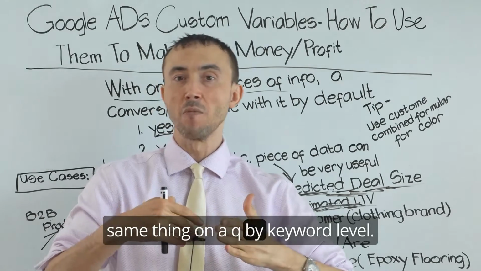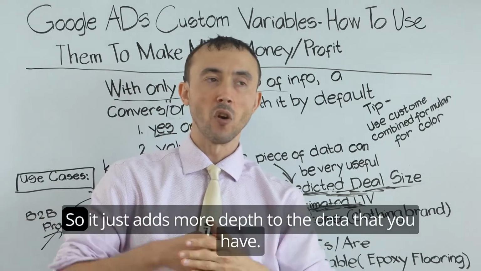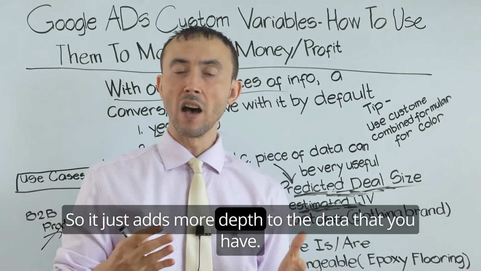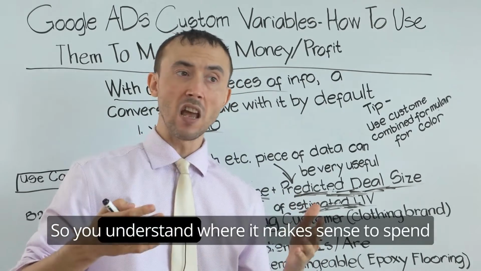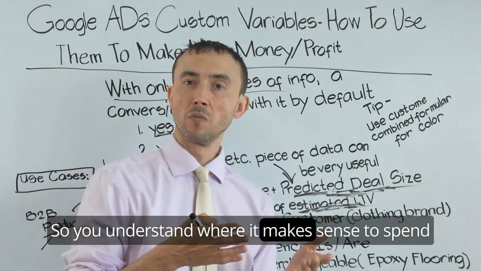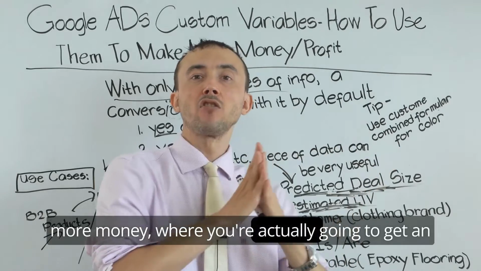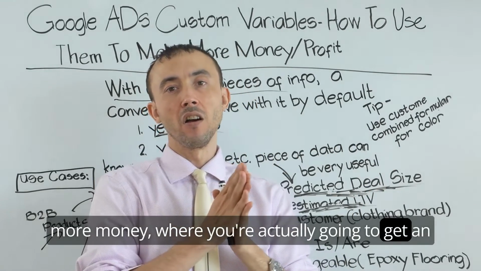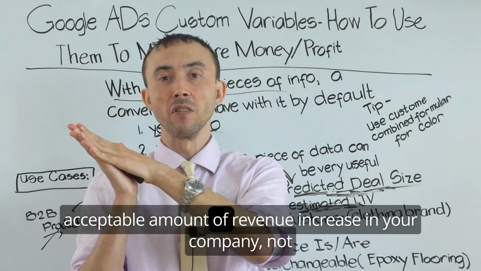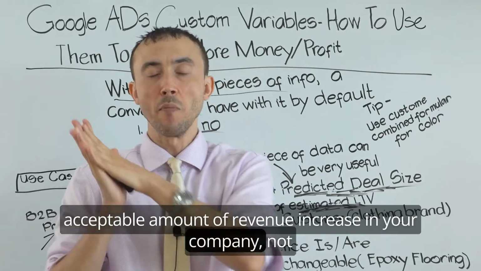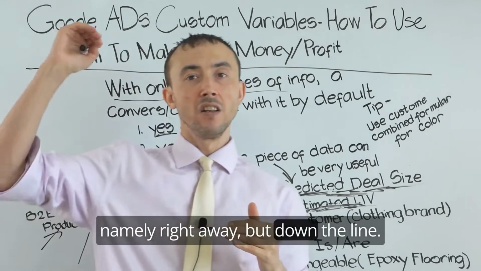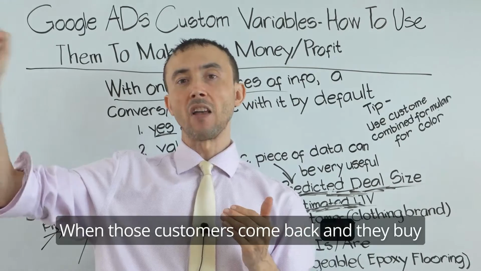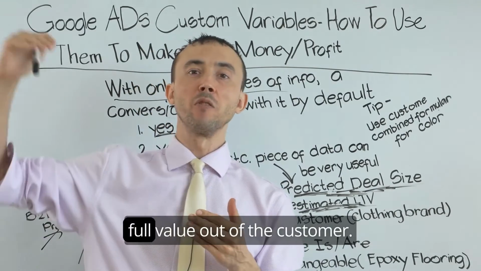Same thing on a keyword by keyword level. So it just adds more depth to the data that you have, so you understand where it makes sense to spend more money, where you're actually going to get an acceptable amount of revenue increase in your company. Not necessarily right away, but down the line when those customers come back and buy again and again, you get the full value out of the customer.